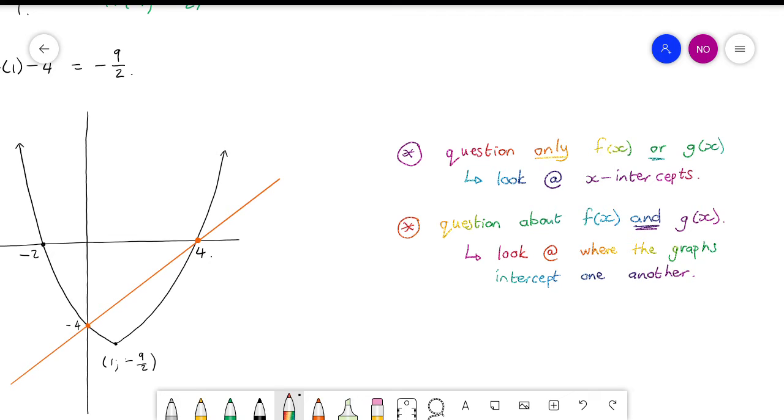So then you're looking at where they are intercepting one another. Not the x-axis, where they are intercepting one another. And then there's a third type of question that we will ask as well. But I'll get to that. Okay, goed. So kom ons kyk eers na hierdie ene.